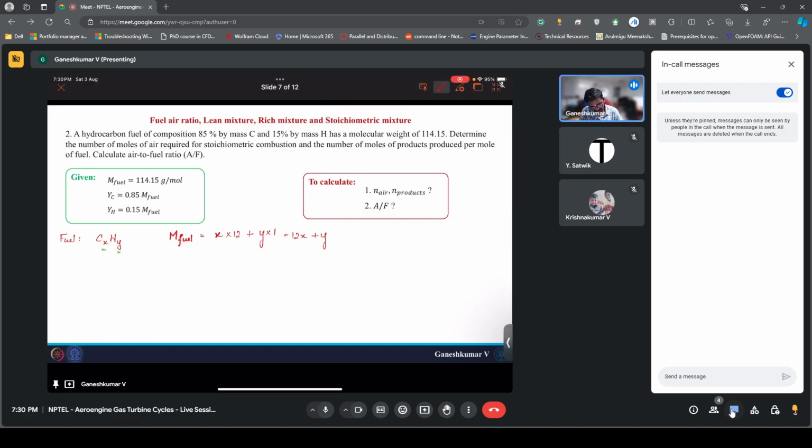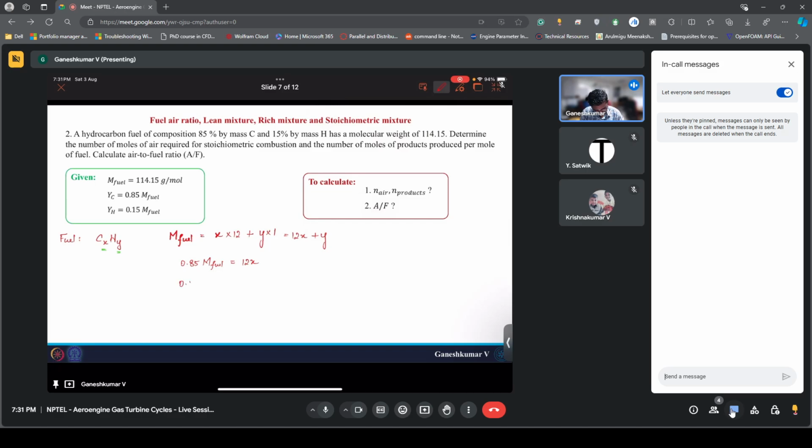Now what they said is Yc is 0.85, which means 85% of the fuel by mass is carbon. How would I put it? So 0.85 times the weight of the fuel, which is the molecular weight, is nothing but 12 times x. That is what they are telling.